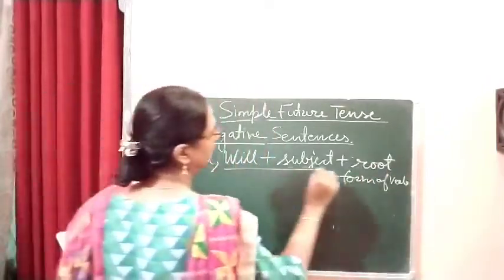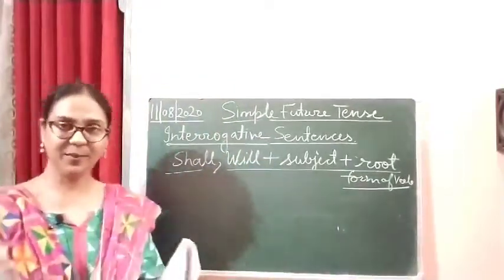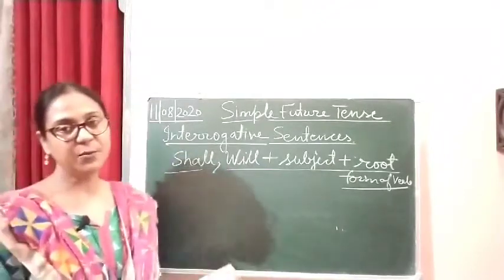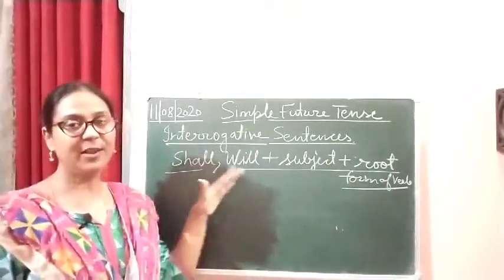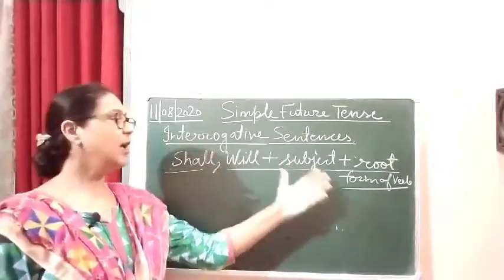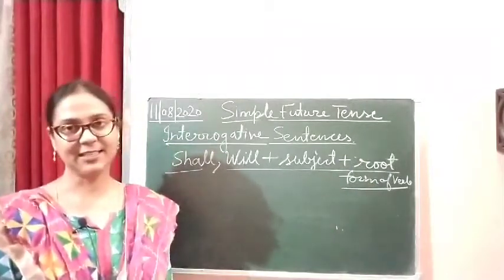This formula we have to always remember. To make interrogative sentences, we place will and shall at the first place, then the subject, then the root form of the verb, and then the other words of the sentence.